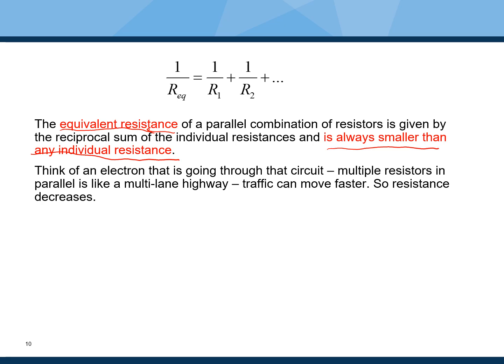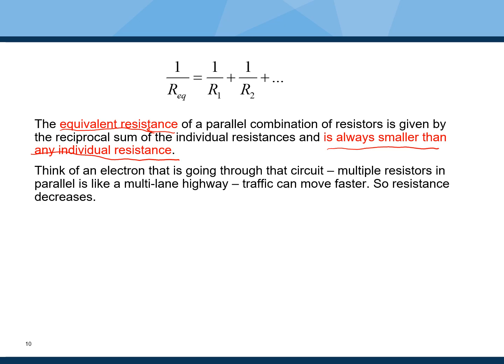And this can be understood by realizing that a single electron that is trying to go through a circuit which has resistors that are connected in parallel always has the option of going through one of the resistances or the other resistance.